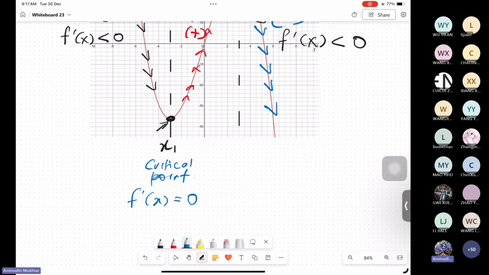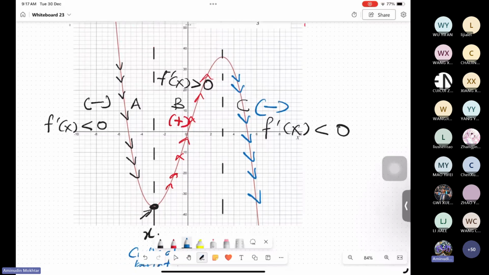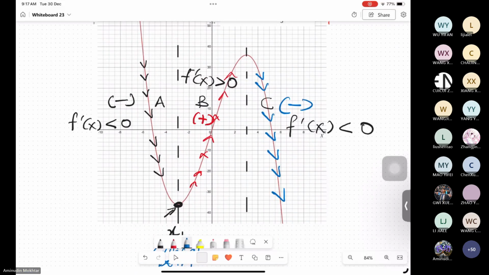The slope of the tangent line is equal to 0 at this critical point. Okay, that's one critical point here. We have another critical point when we move from B to C. When we move from B to C, the slope changes from positive to negative. So we have a second point here, x2. This is also the critical point or the turning point.